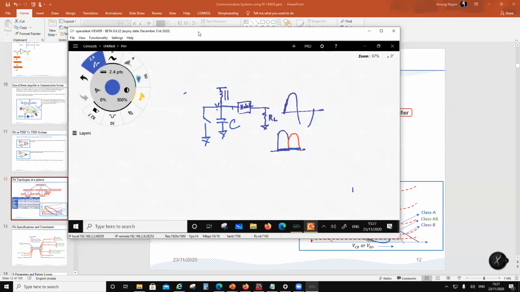This is the output capacitance of the transistor. So let's say I have a charge buildup on this capacitor, and as soon as I turn this on, this charge discharges this way. So I'm going to see a loss of all the charge which was stored here.